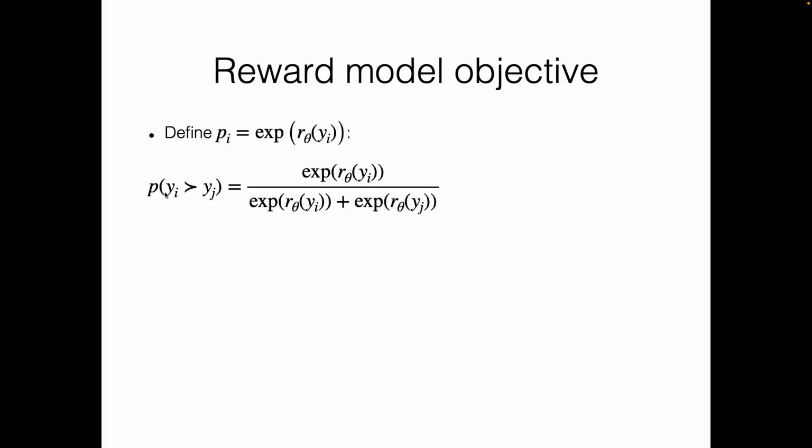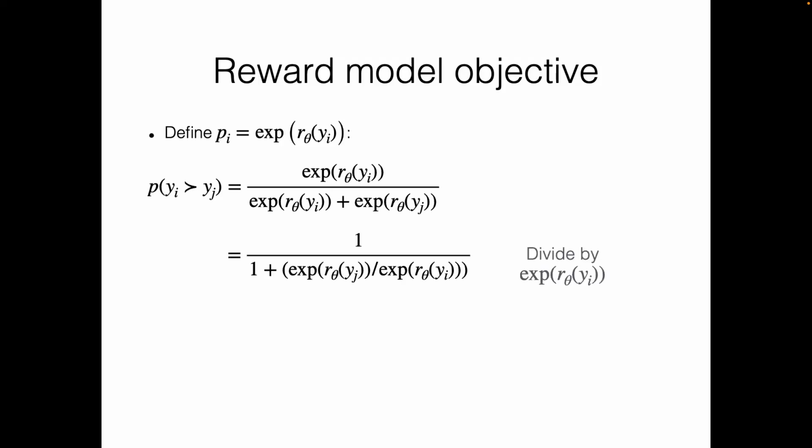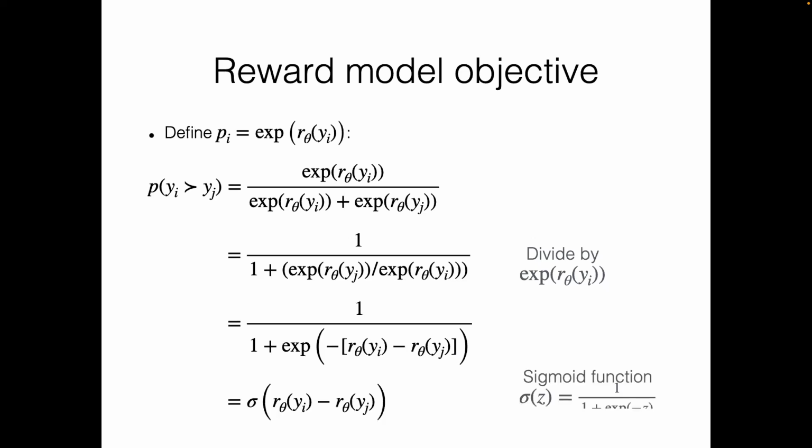And then this probability would be of this form. Then you could do some simplifications, and maybe just due to time, but they're pretty simple. Here you're dividing by this exponent, and then you can get things to look like this sigmoid function.